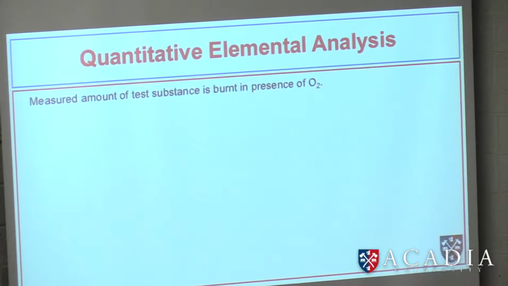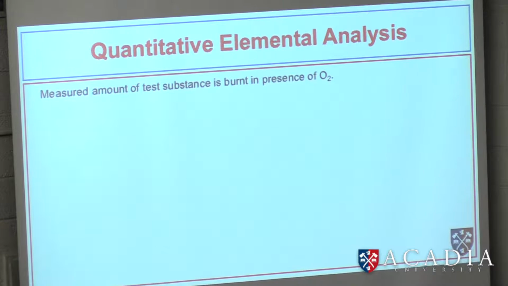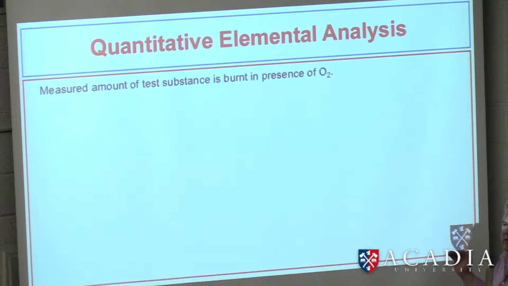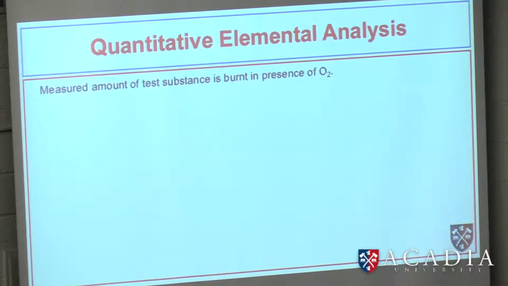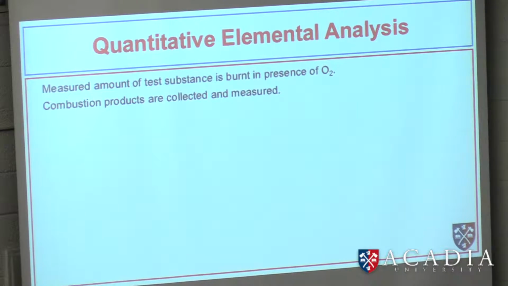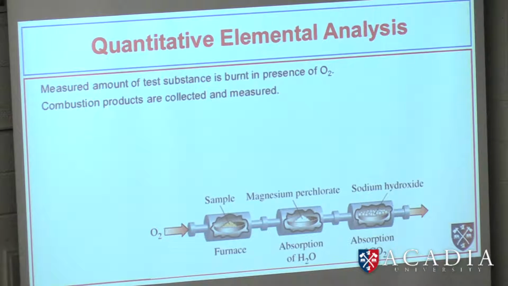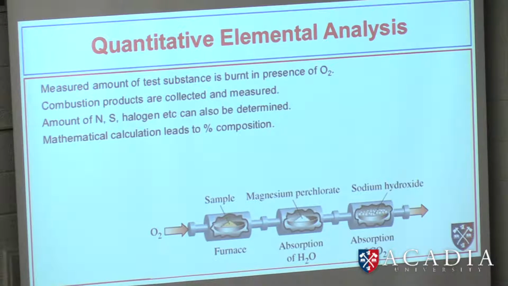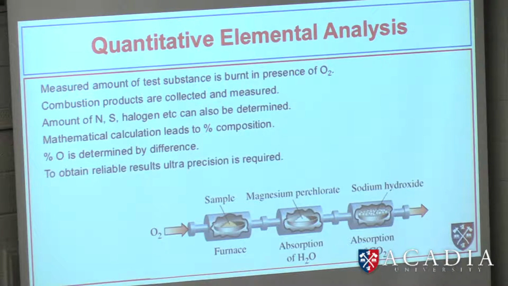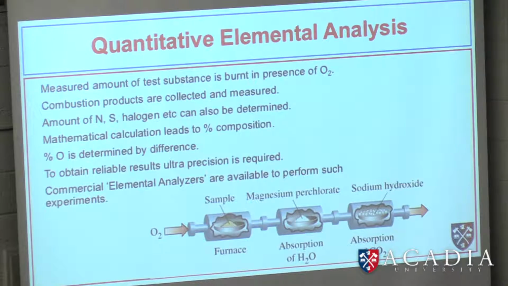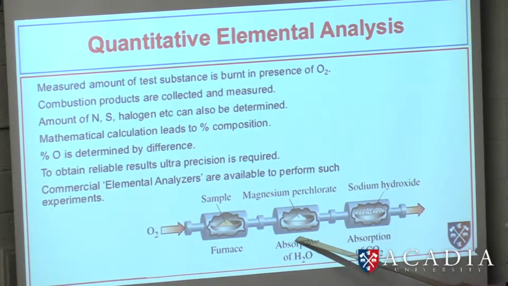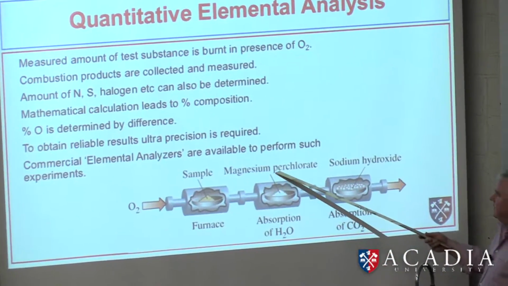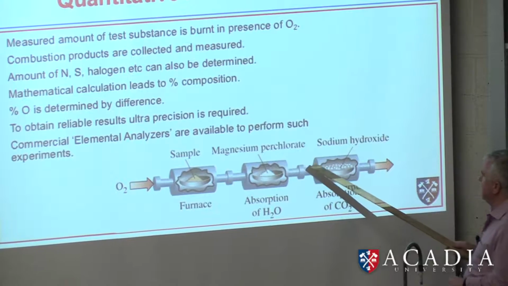So the first thing we do is figure out what the molecular formula is. In the past, we did this with quantitative chemical analysis. What we typically would do is take our compound and burn it, and then we can absorb all of the water that comes off in magnesium perchlorate.